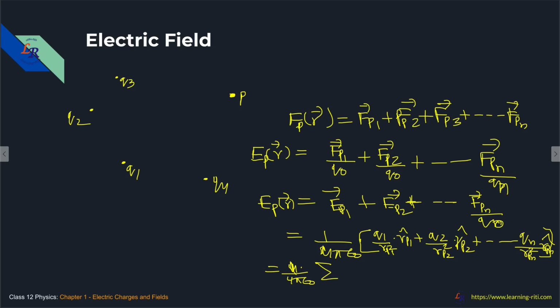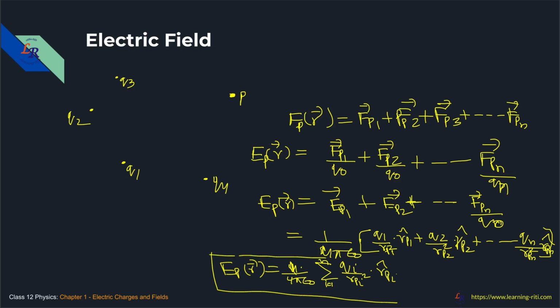We are just counting from 1, so let's say it is from i equal to 1 to n, and then you can write Qi upon RPi square into RPi cap. Okay, so this is the vector field for n charges in the system, and you can estimate what the field would be, similar in analogy to how we calculated force, right?